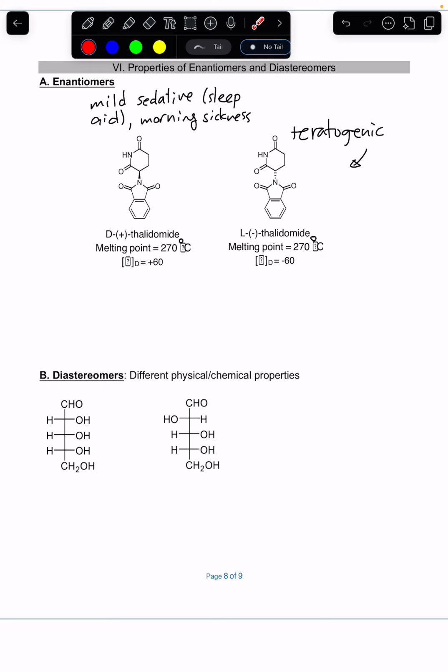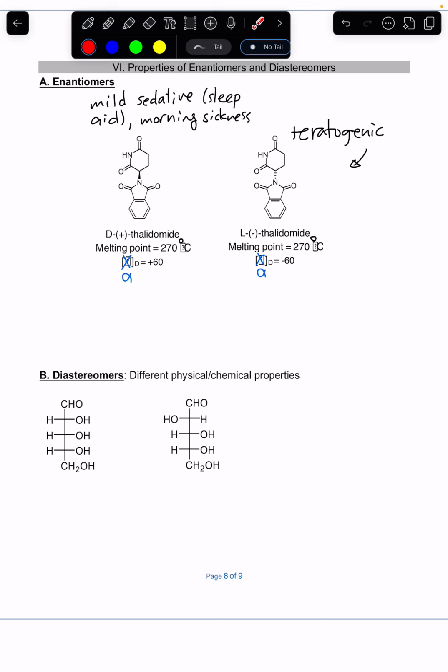The only difference is the optical rotation, this is supposed to be alpha. The optical rotation would be the opposite sign but the same value, right? That's supposed to be the only difference between the two.